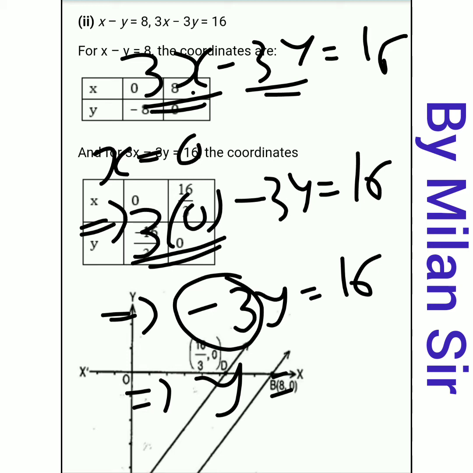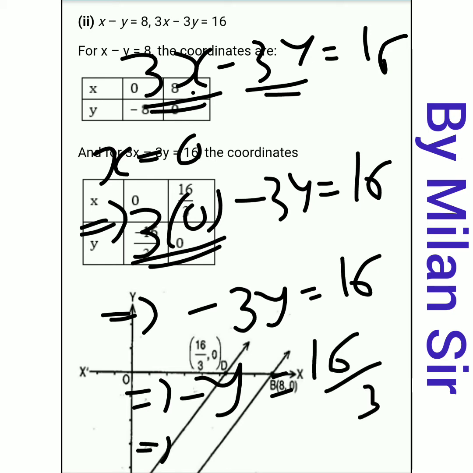Otherwise, we can also just transfer 3 to the right hand side, here minus y, so 16 by 3. Then we change the sign on both sides: y becomes positive, and 16 by 3 becomes negative.